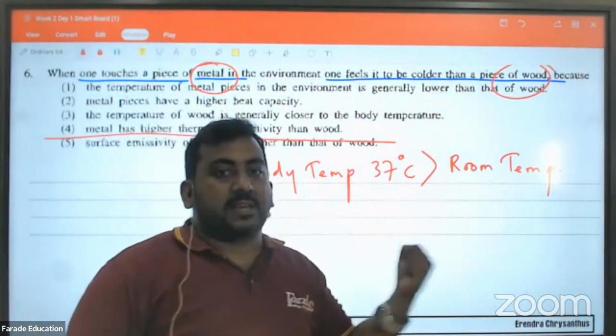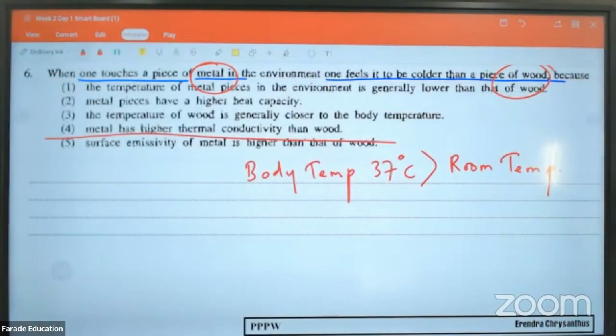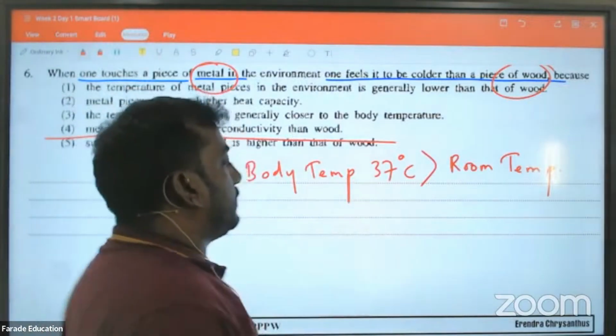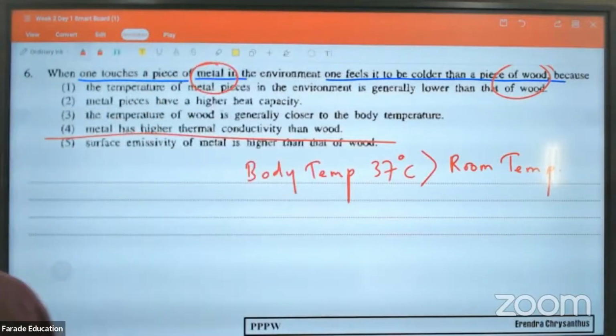So when we touch the metal, heat moves out from our body.